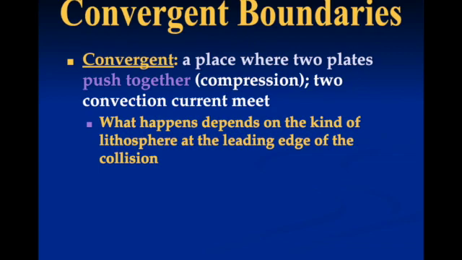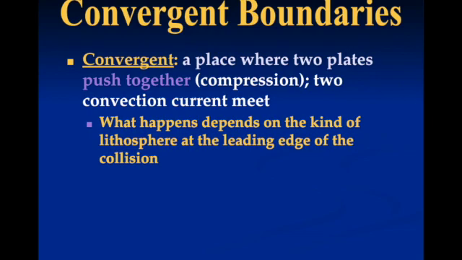Convergent boundary is probably the one that kids struggle with the most because there's just a lot of information. The reason is that what happens at this plate boundary, the geologic activity that takes place, all depends on what type of crust is being collided into from each of the two plates.